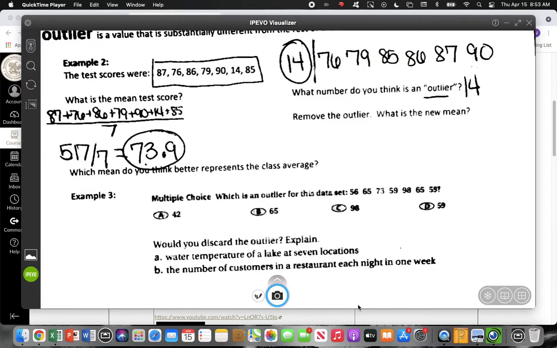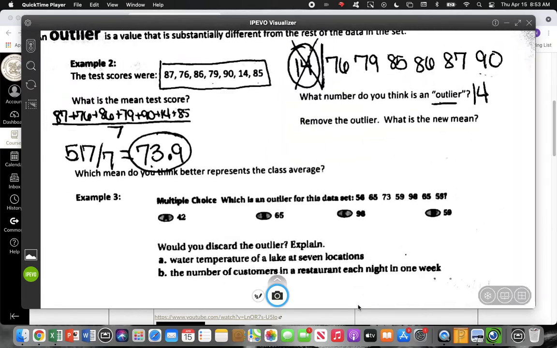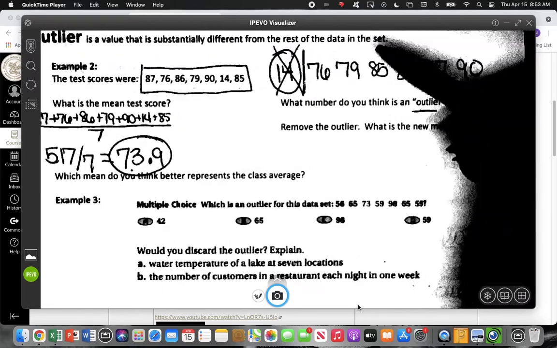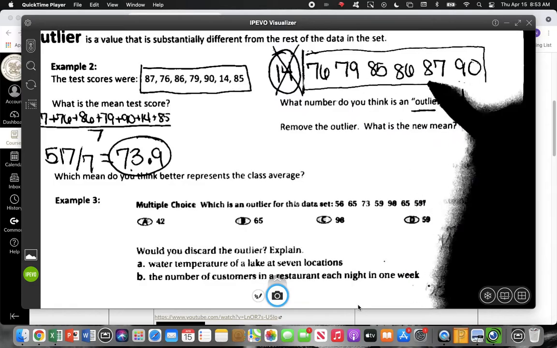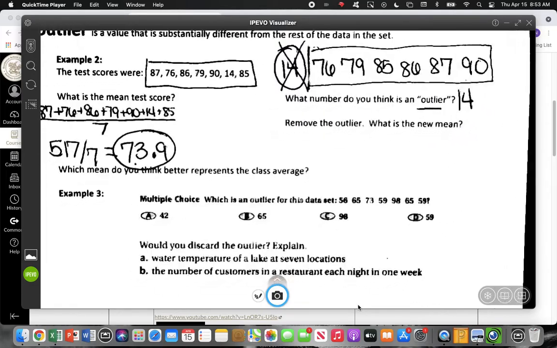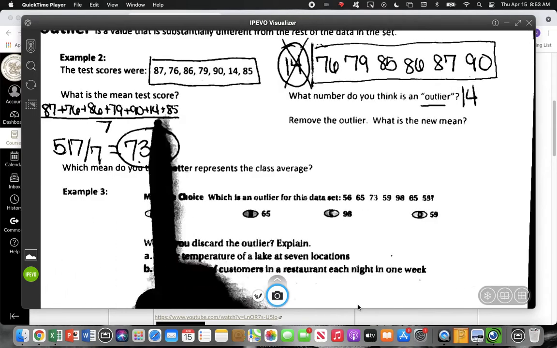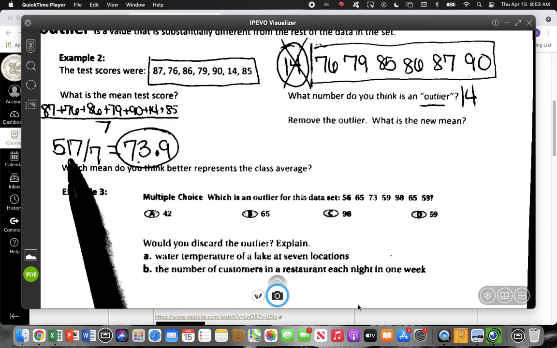Now let's pretend we throw that number out. What would be the new mean of these? You can re-add all of those, or think about this. If the original list added up to 517, if you take out a 14, what would be left?